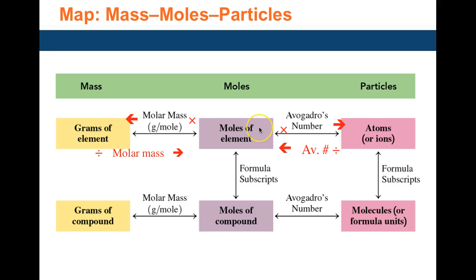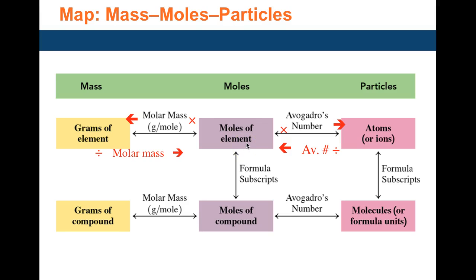Again, moles to the number of atoms, you multiply by Avogadro's number. Small number to large, multiply. Large number to small, you divide. So here, if you have the number of atoms, then you divide by Avogadro's number to get moles, okay?